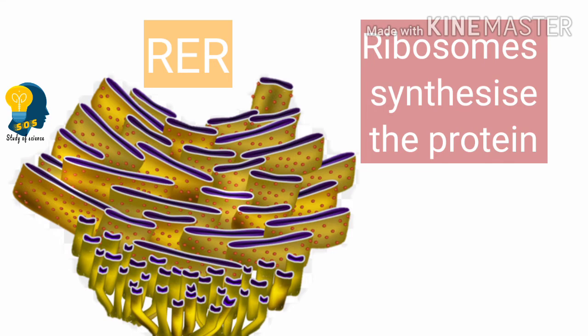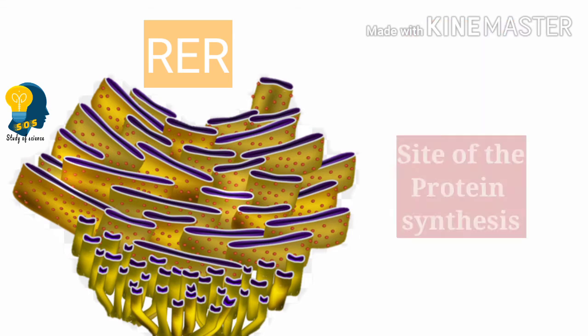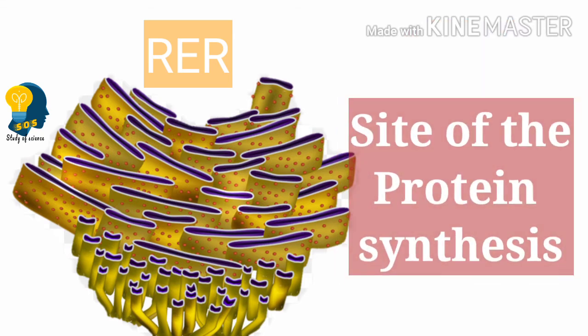So the rough endoplasmic reticulum is also called the site of protein synthesis. Why? As the rough endoplasmic reticulum has ribosomes on its surface and ribosomes synthesize protein, it is called the site of protein synthesis. Hence it looks rough in nature. Clear?